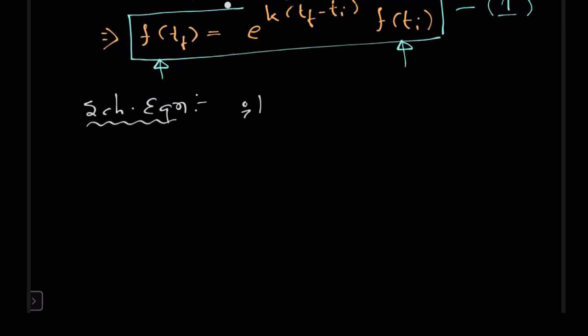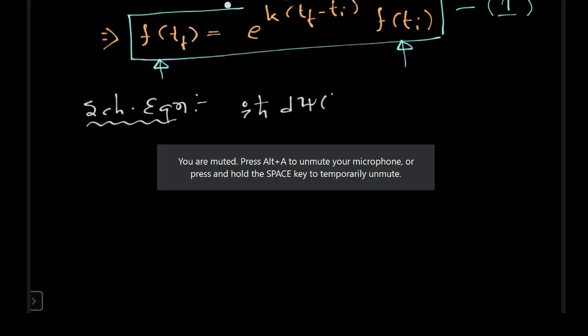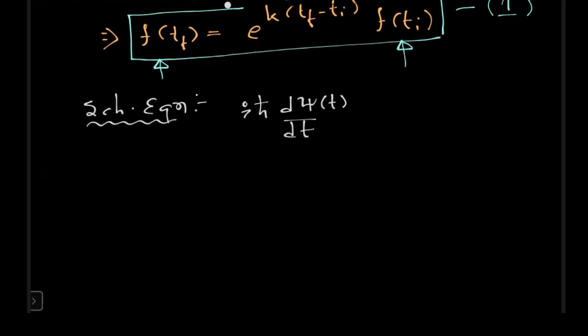We have i h-bar times d psi(t)/dt, and instead of the constant k you have H, which is the Hamiltonian, and again you have psi of t. These psi of t are actually kets. That means these are the states of a quantum system. Now we all know the solution of this. I don't have to do it, you can do it.